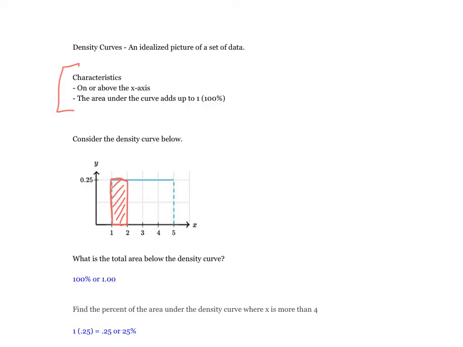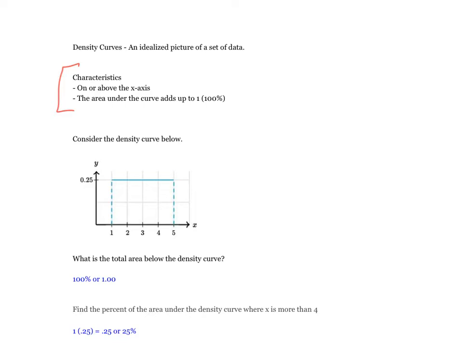So you can see that red area makes up about 1/4 of the picture, the blue line. So that would be 25% of the data between 1 and 2. That's the beauty of a density curve, is that we can figure out what percent of the data is in different parts of it.